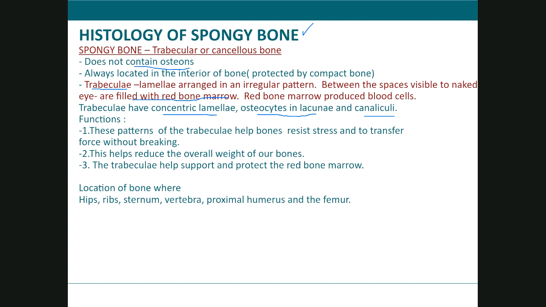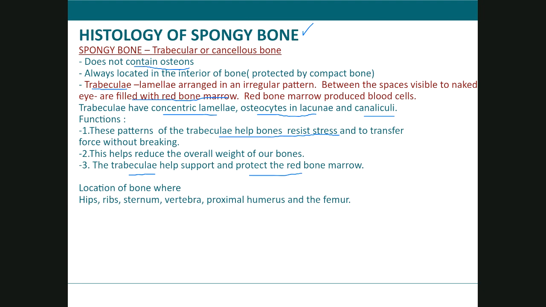The functions of these patterns help in the resistance of stress and transfer force without breaking. It also helps reduce the overall weight of the bones, and the trabeculae support and protect the red bone marrow.